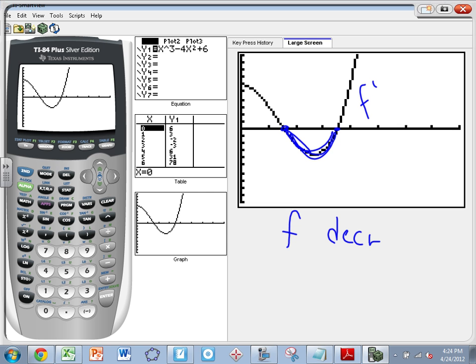When the graph of the derivative is below the axis, the original function is decreasing. When is the original function increasing? Everything else, or above. So f is increasing for all other values.